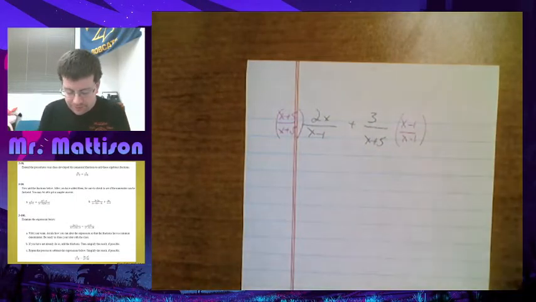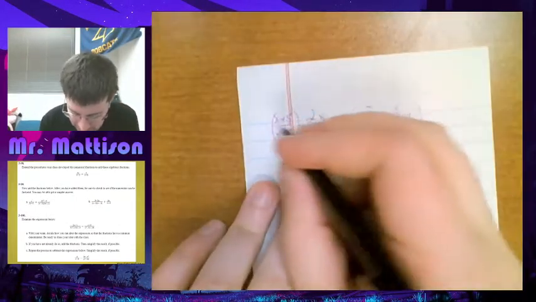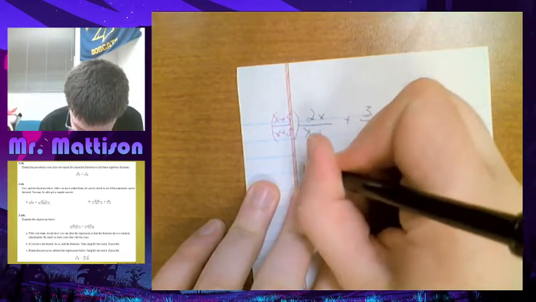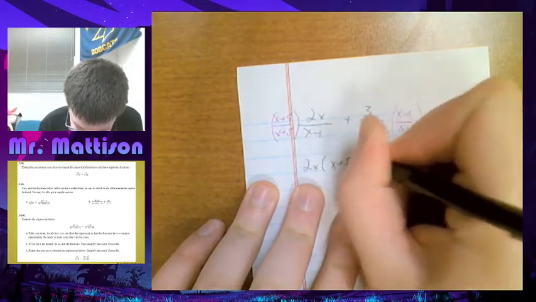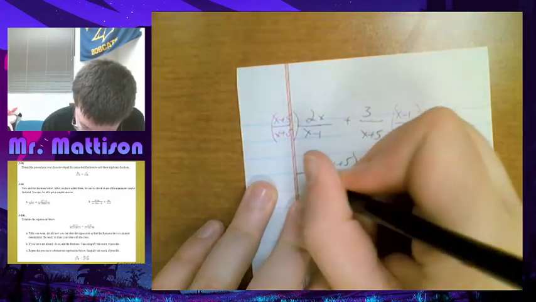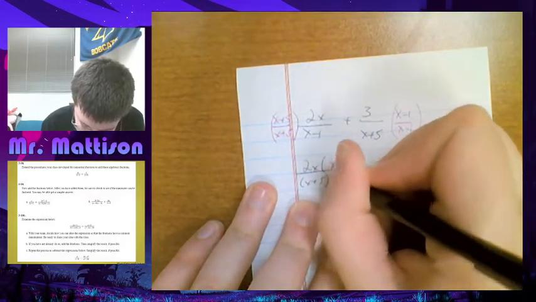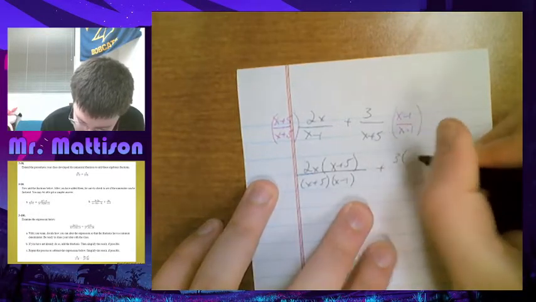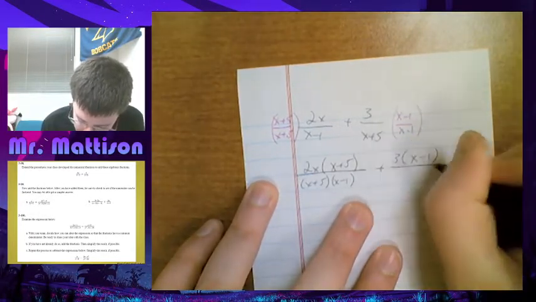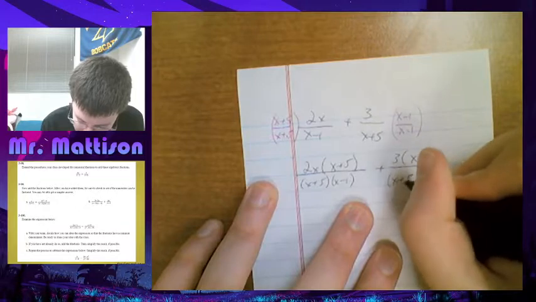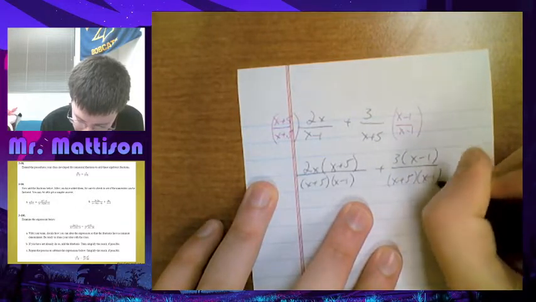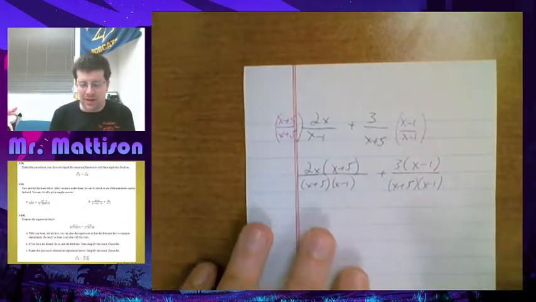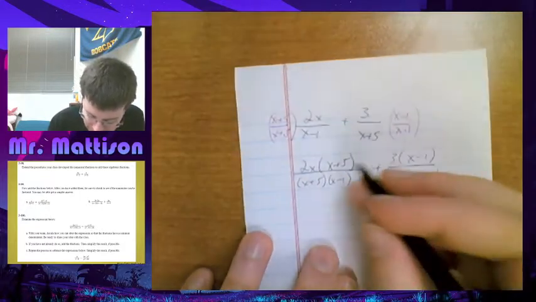So when I multiply that out, I will get 2x times x plus 5 over x plus 5 times x minus 1, plus 3 times x minus 1 over x plus 5 times x minus 1. So I have the common denominator, so I can join these as one big fraction.